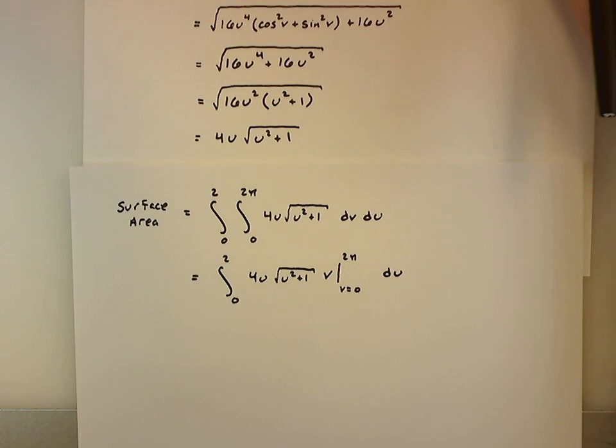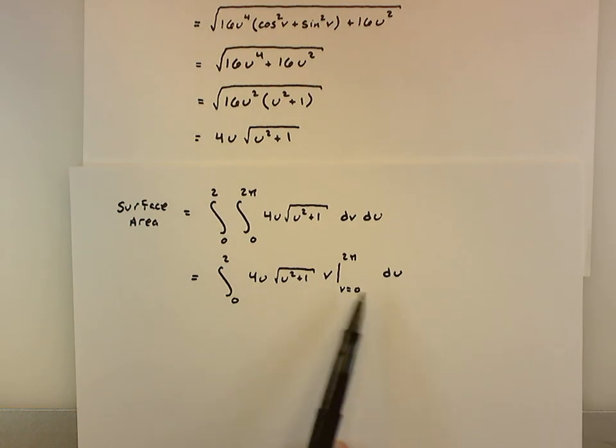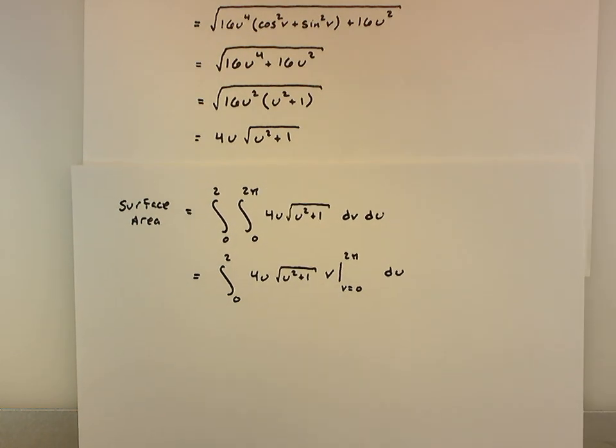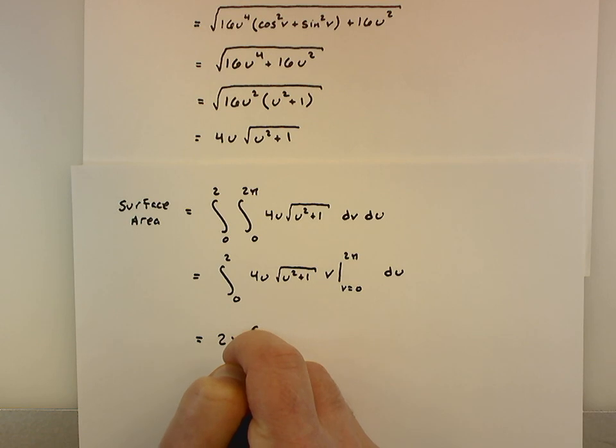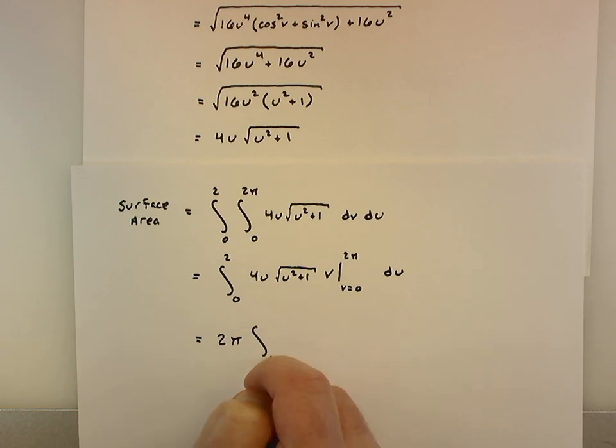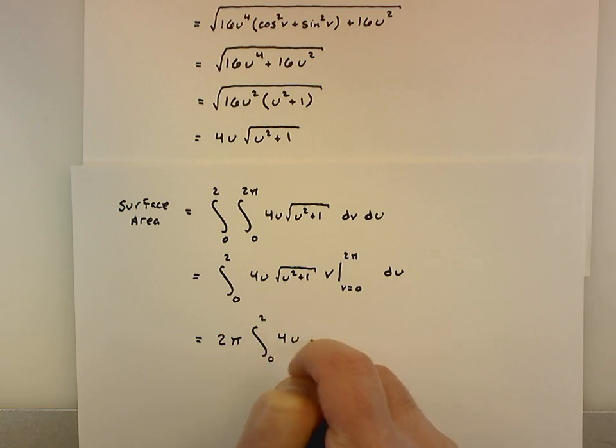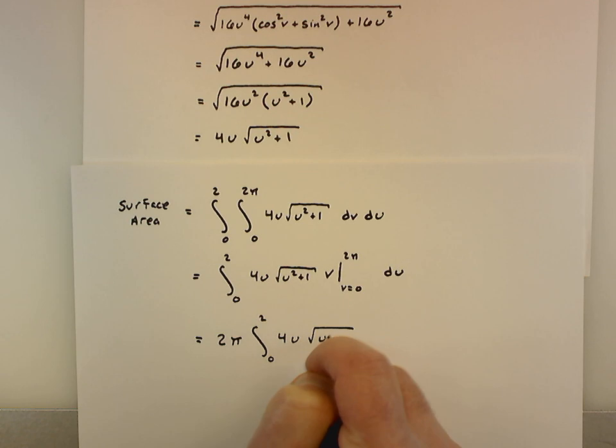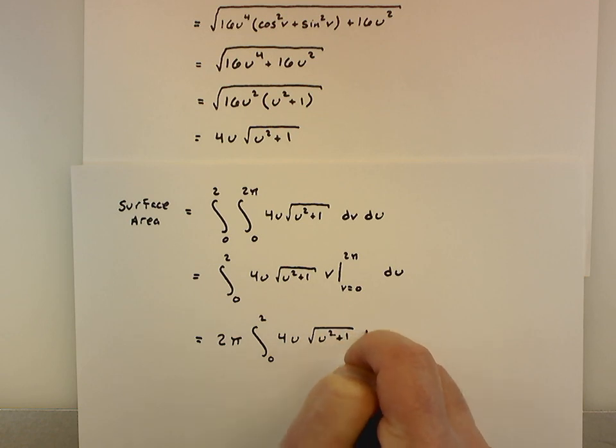So if I plug in 2 pi for v, 0 for v, subtract the two answers, I'm going to get 2 pi as a constant multiple, multiplied by the integral from 0 to 2 of 4u square root of u squared plus 1 du.